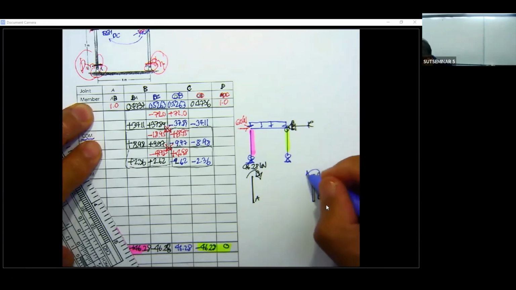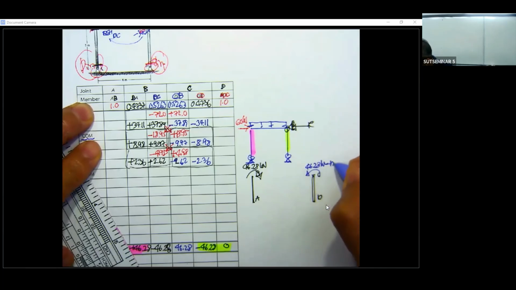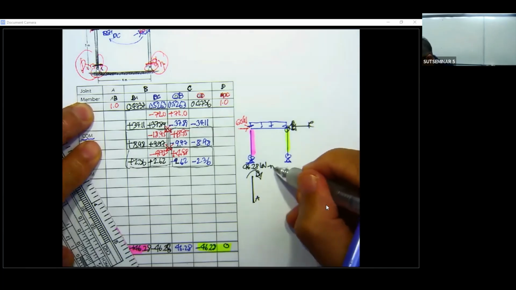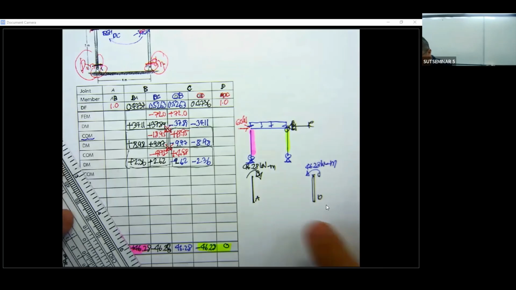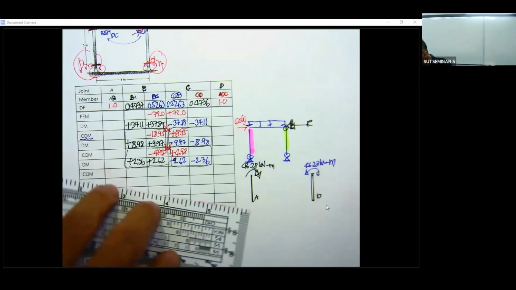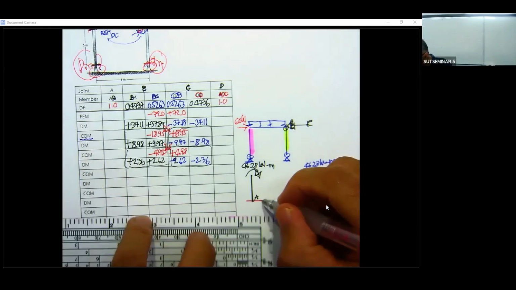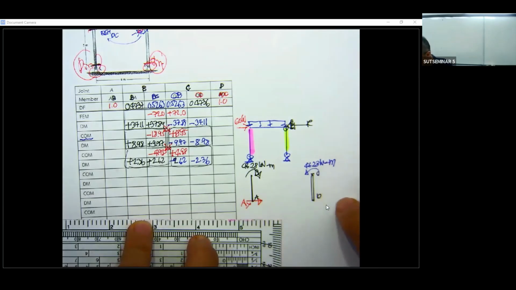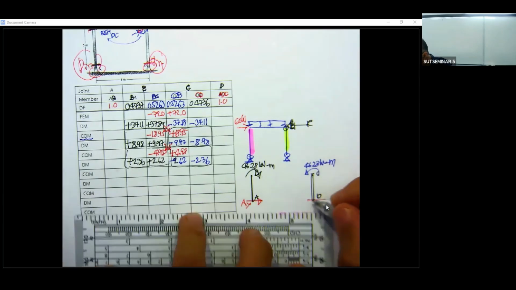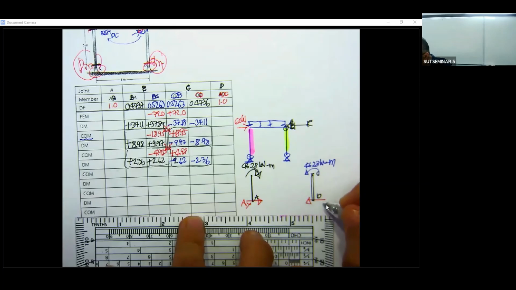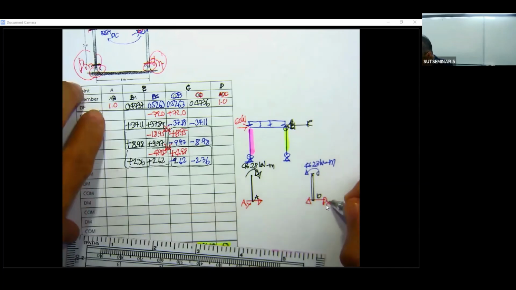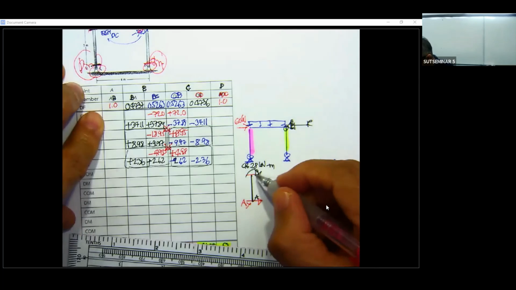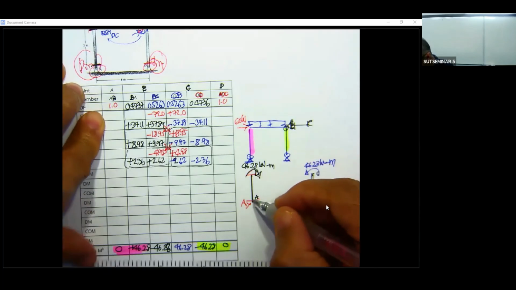This is going to be 46.28 kilonewton meter. And you can see, due to this one, for sure, the force occurs here, let's say it's going to be AX, okay, and this one is going to be DX, and this is due to the moment. There is no moment over here.